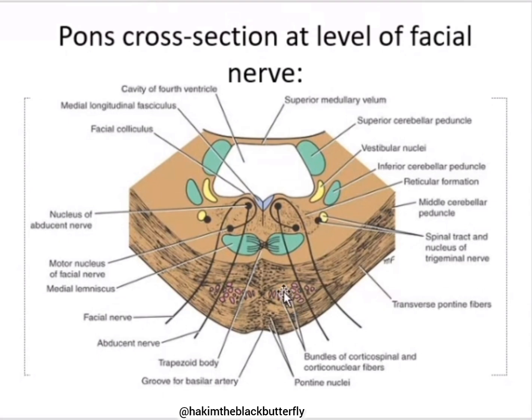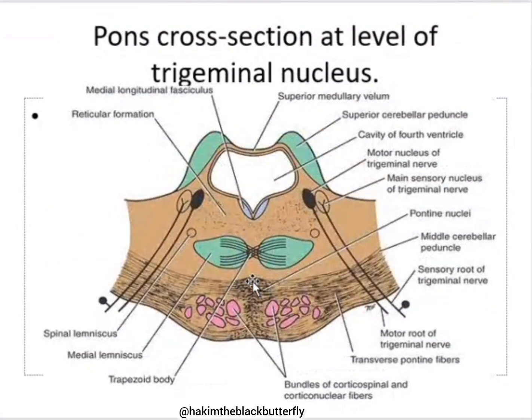We can also see the corticospinal tracts. When they reach the medulla oblongata, they will become the anterior pyramids. So this is what is seen when you make a cross section through the pons at the level of the nucleus of the facial nerve.